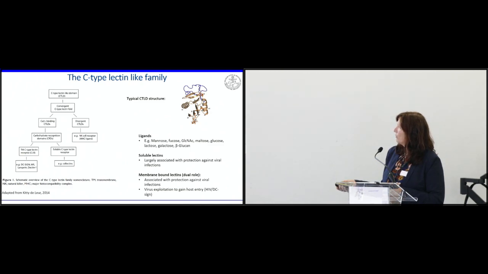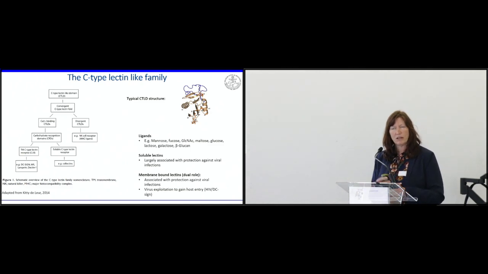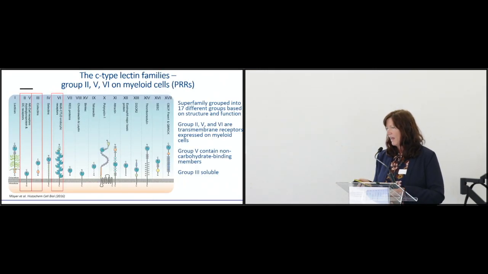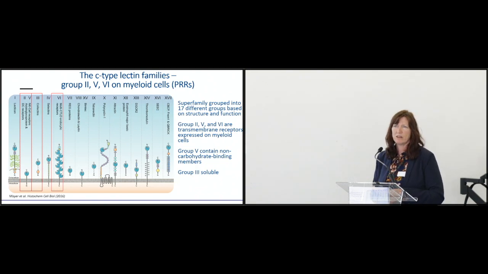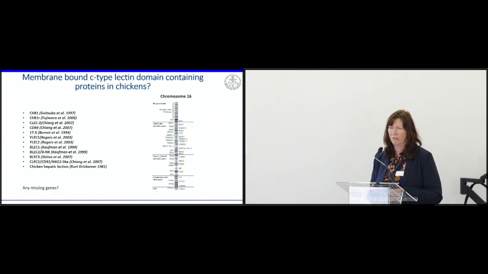But what we do know for the membrane-bound C-type lectin receptors is that they are important in viral infections, although there are also examples of virus exploitation where a virus could use the receptor to gain entry into the host cells. We have been focusing on the membrane-bound receptors in group 2, 5, and 6 as they're expressed on myeloid cells.